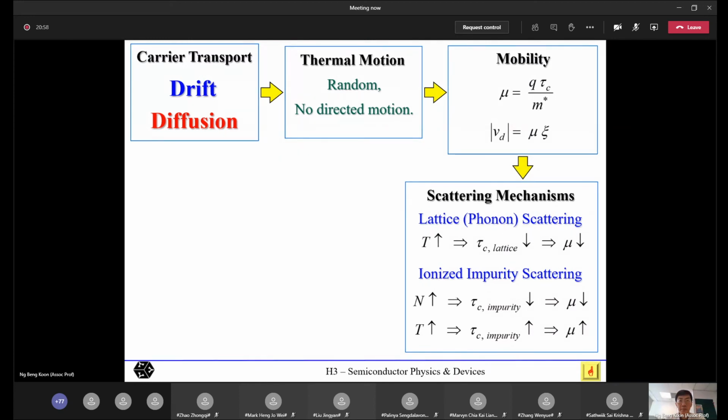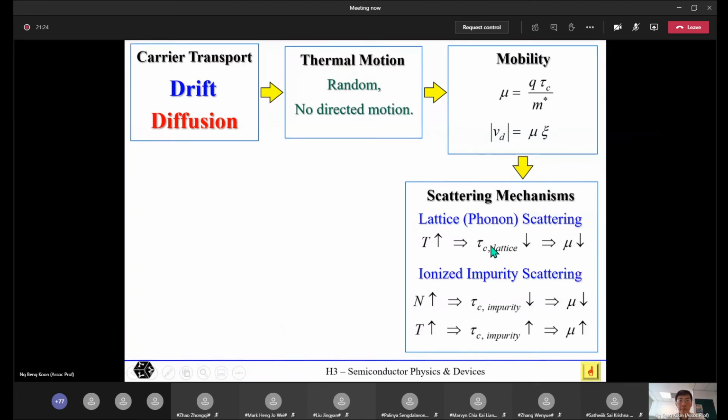So this increased scattering would, of course, reduce the average time between collisions. If it's going to be scattered more frequently, the time that it can move freely without scattering is going to be shortened. And this in turn will affect how fast it can move. The time that it has to accelerate to higher velocity is lesser, which means that the mobility of the carrier actually will reduce.